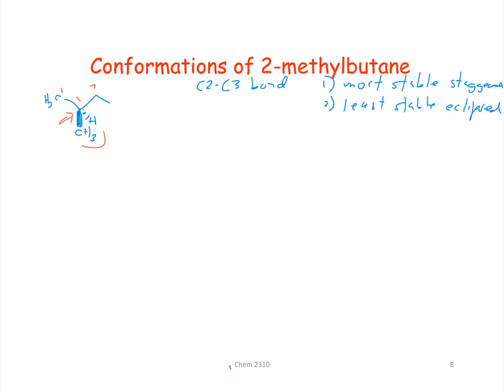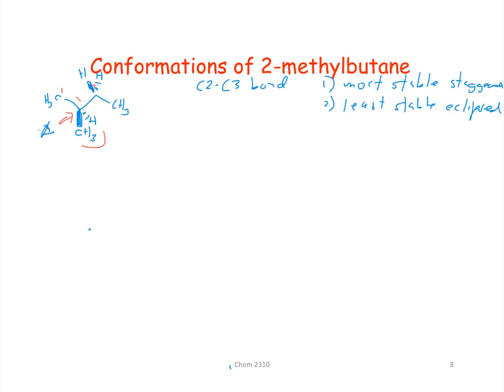And then what do we have at C3 that we need to still draw in here? We're going to have a wedged carbon-hydrogen bond and a dashed carbon-hydrogen bond as well, and this is going to be a methyl group. Okay, so I'm going to put my eye down here, and I'm going to draw just what I have.